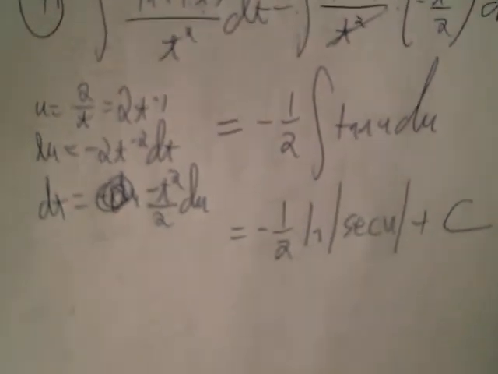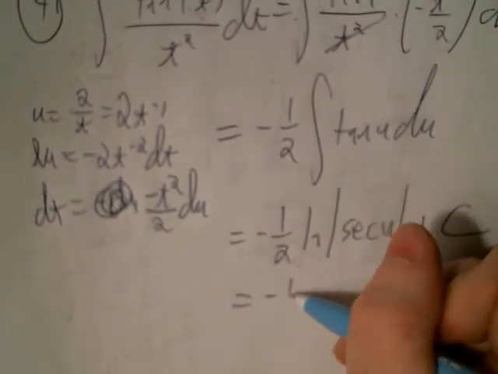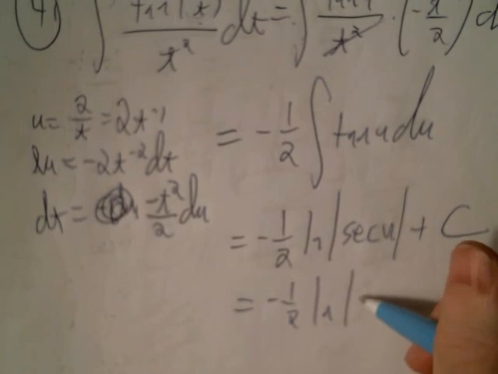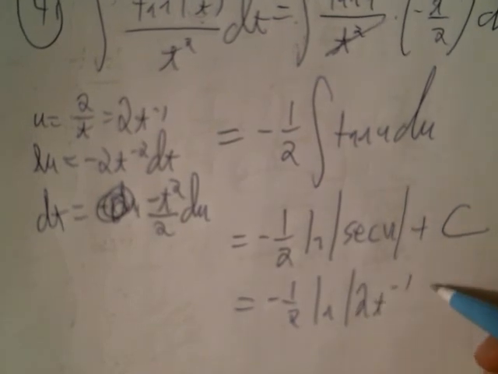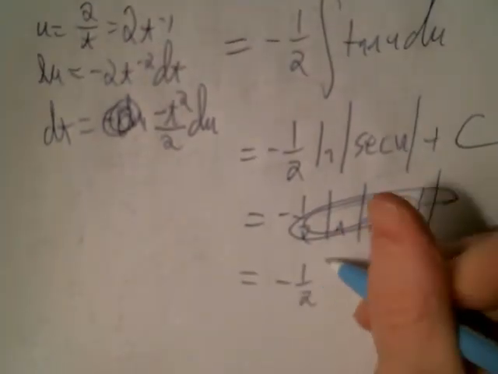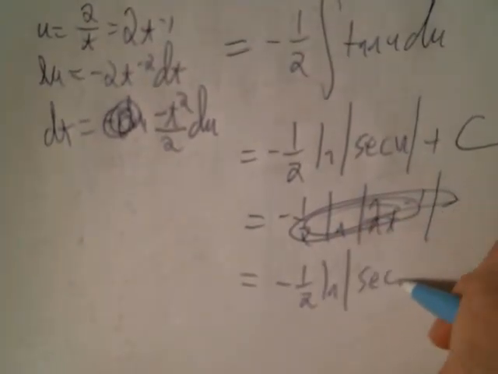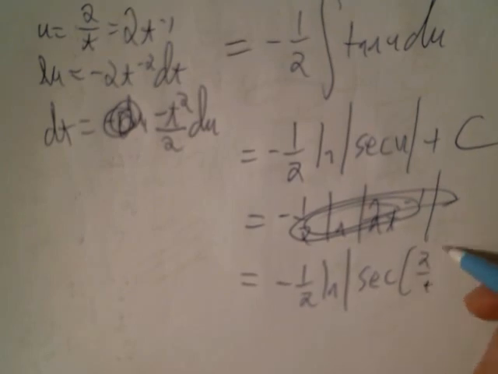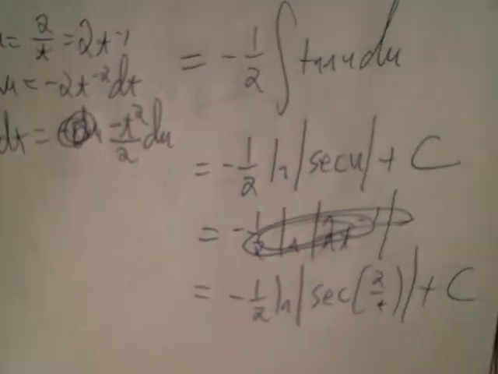And then back substitute, and you are out of here, right? So it's equal to negative 1/2 ln absolute value secant of 2 all over t plus c. And that's it.